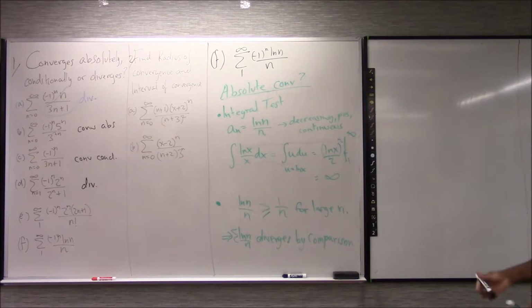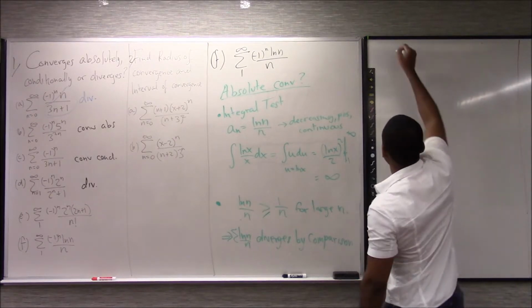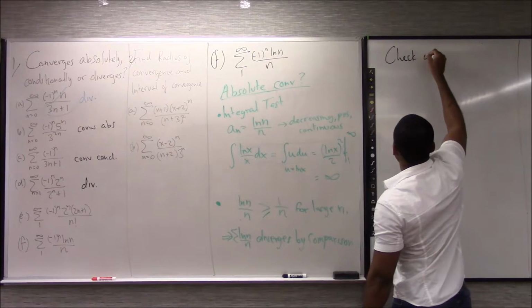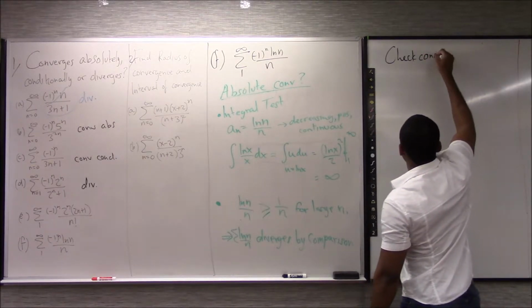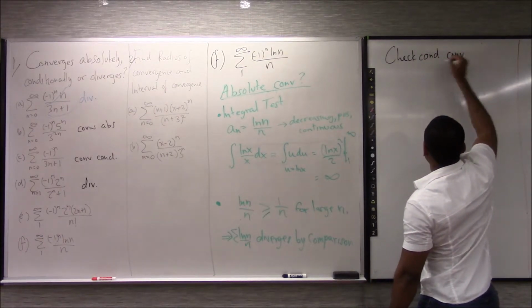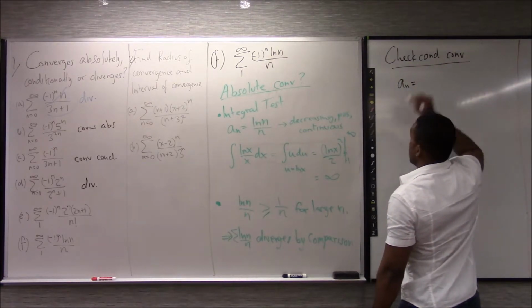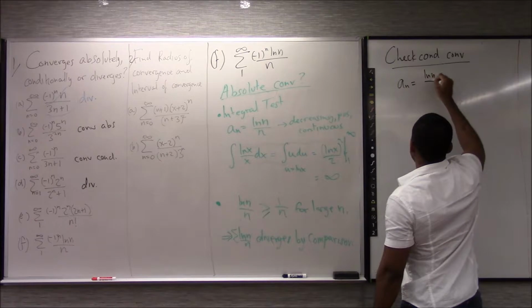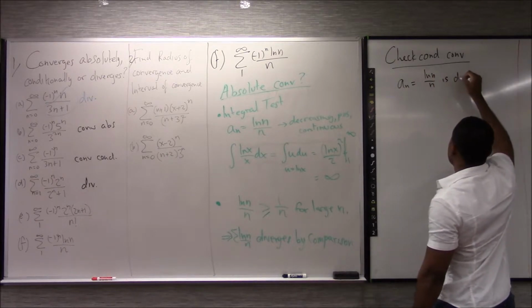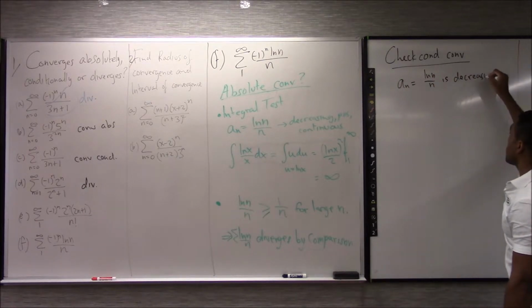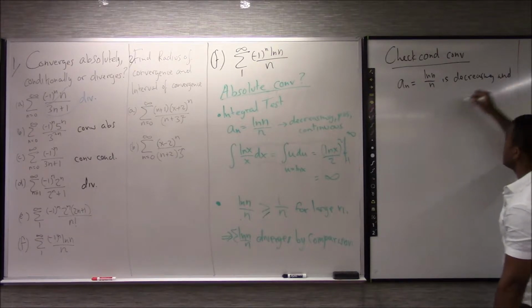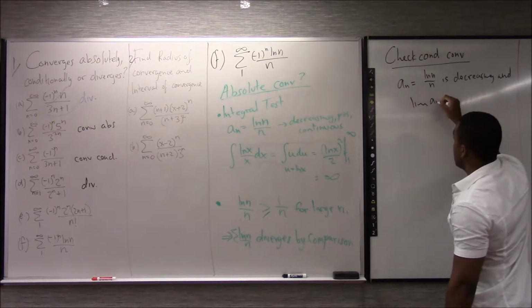So absolute convergence doesn't work, so now you want to check conditional. So now you look at a_n and notice that ln n over n is decreasing and the limit equals 0.